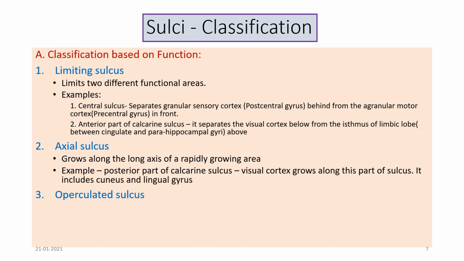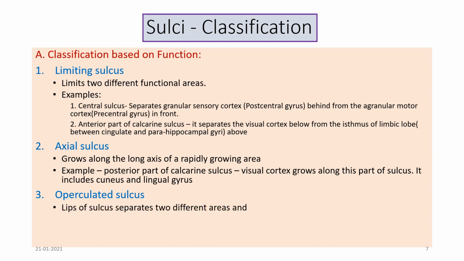This part includes the cuneus and lingual gyrus, which you will see on the medial surface of cerebral hemisphere. So now you know what is a limiting sulcus, what's an axial sulcus, and the examples for each of them. And coming to the operculated sulcus.